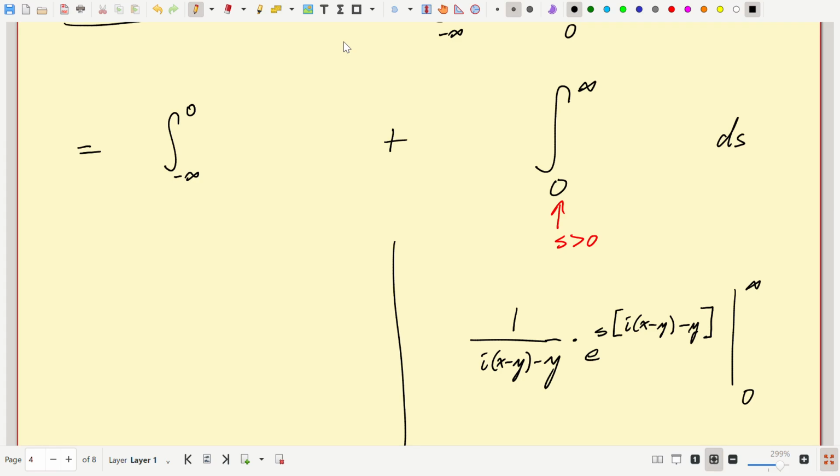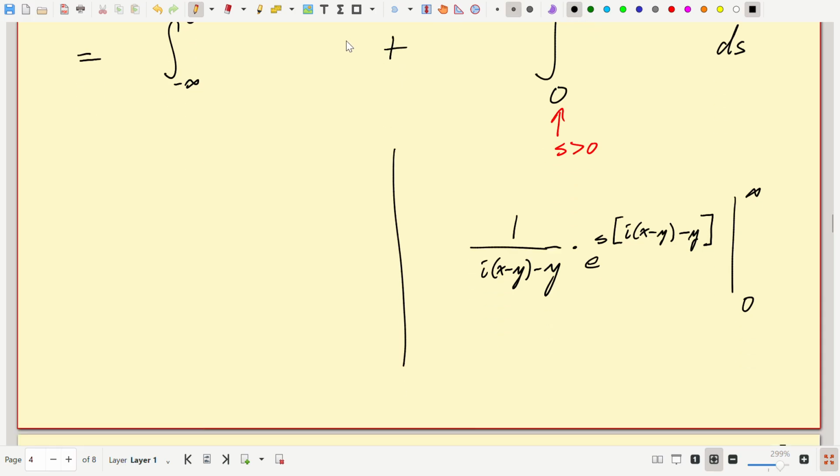Okay. We've done calculations like this before with the complex exponential. And in that integral, s is the variable, so that i times x minus y is just a complex number constant. It looks intimidating, but let's see what happens when I stick in s equals 0.